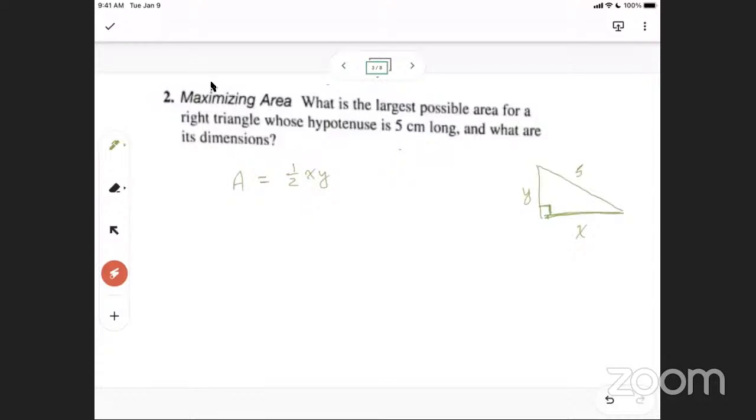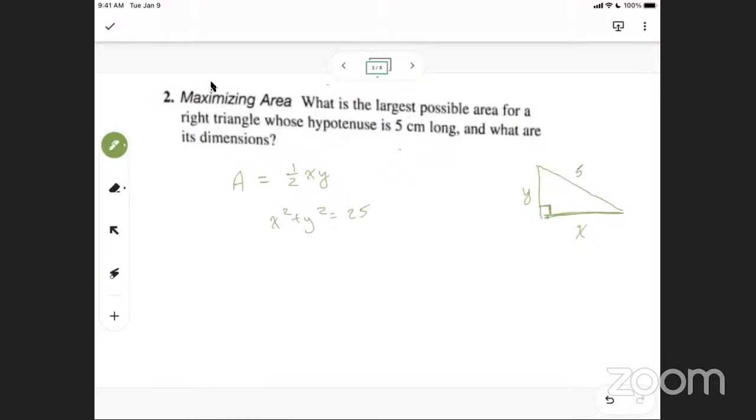So here's the trick. You have to actually come up with another equation that relates X and Y together. Can you think of an equation that relates X and Y together? The Pythagorean Theorem. Perfect. So X squared plus Y squared equals 25, right? And now let's solve this one for one of them.